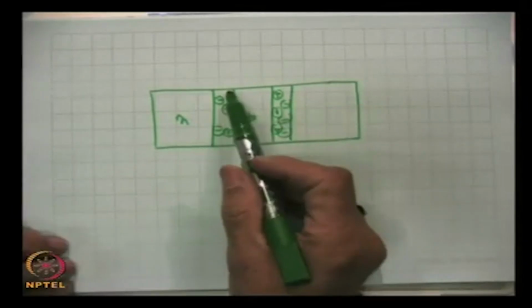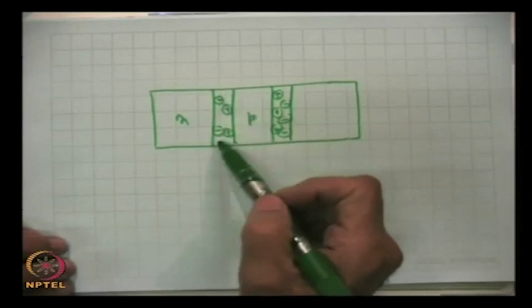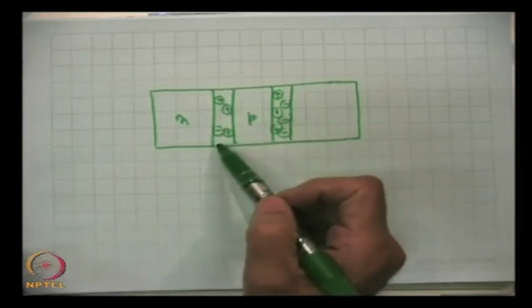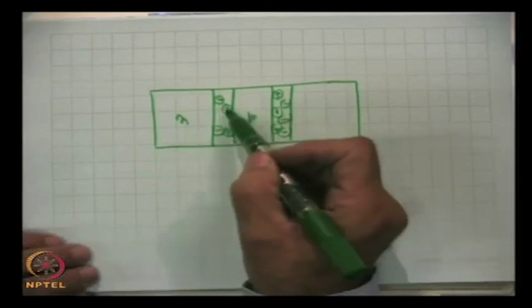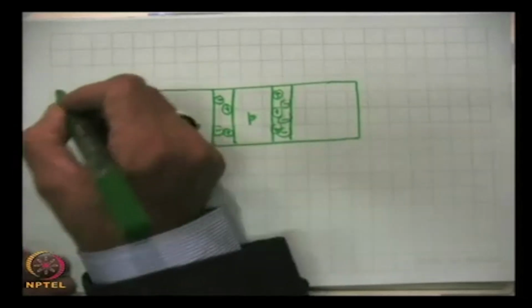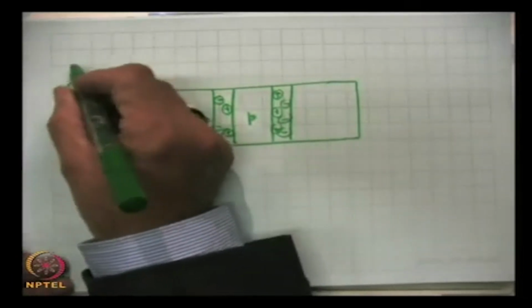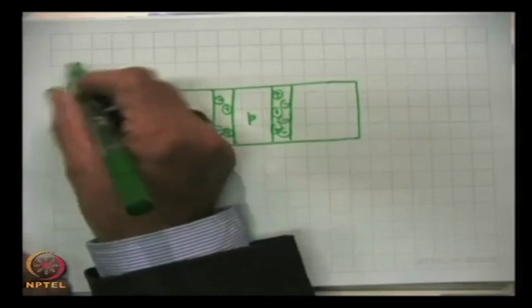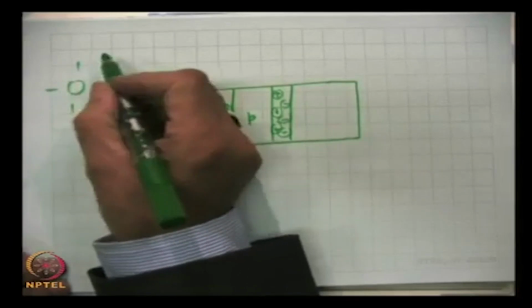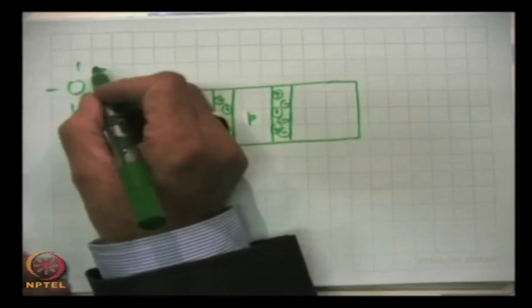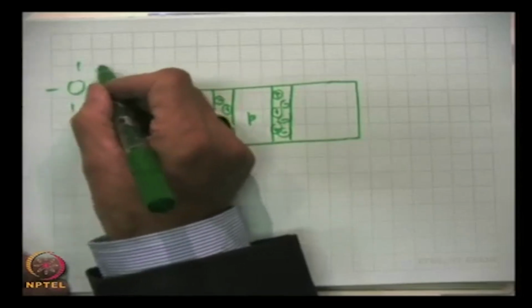Because from this region the mobile charges, electrons and holes, have disappeared, leaving behind the exposed space charge. Earlier electrons and holes were here. You remember that the pentavalent impurity phosphorus has 5 electrons, 4 will make covalent bonds with the silicon, and the 5th electron, which is loosely bound, disappears.